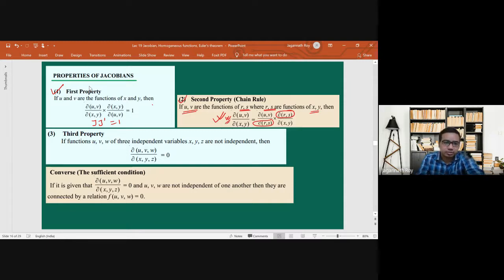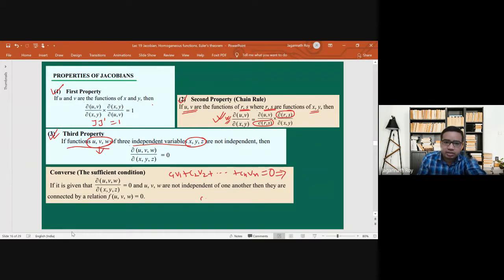Now the third property says if the three independent variables are x, y, and z, and these are the functions, whether the functions are independent or not. Note that we have seen whether vectors are independent or not. We take the linear combination c1 v1 plus c2 v2 plus cn vn.